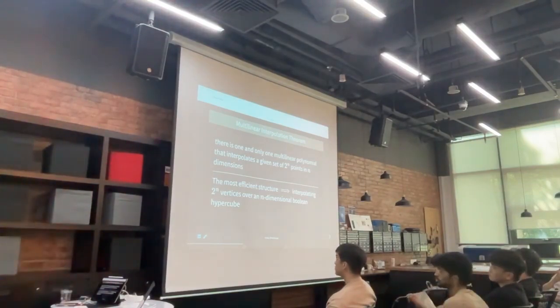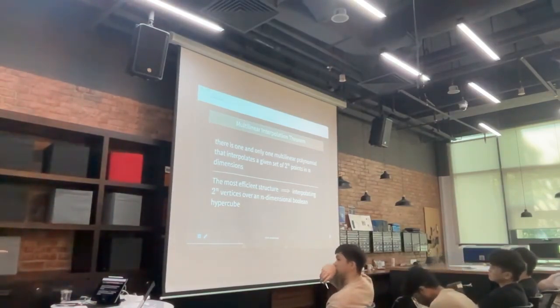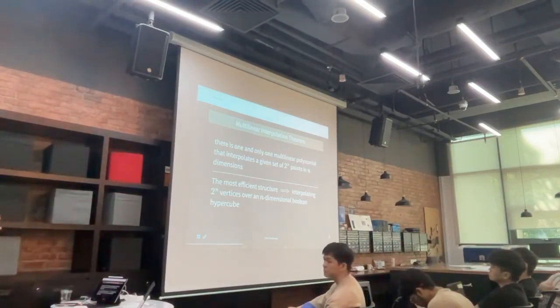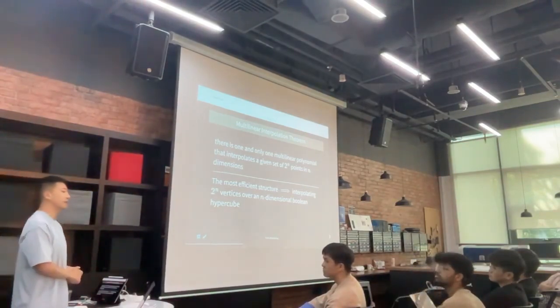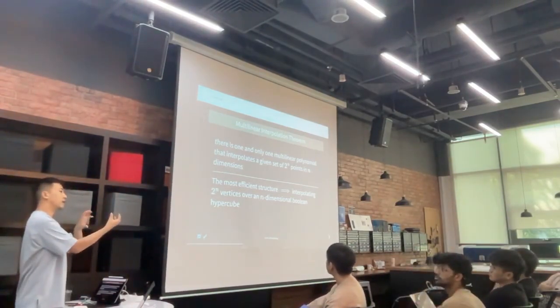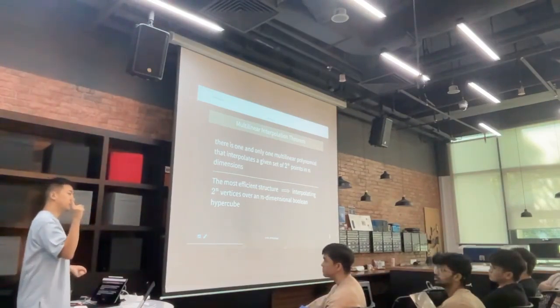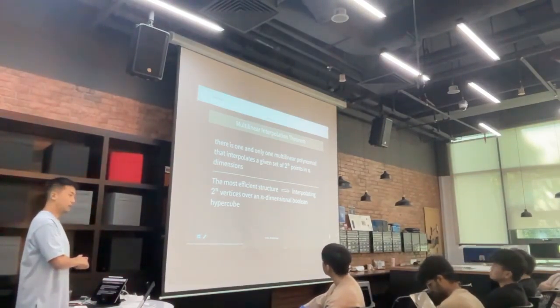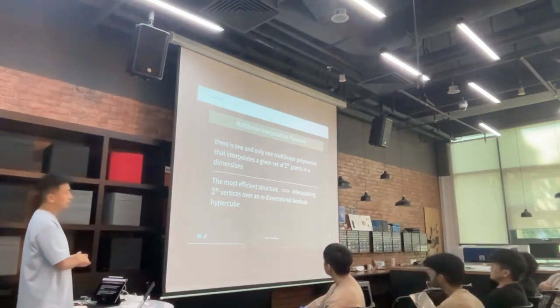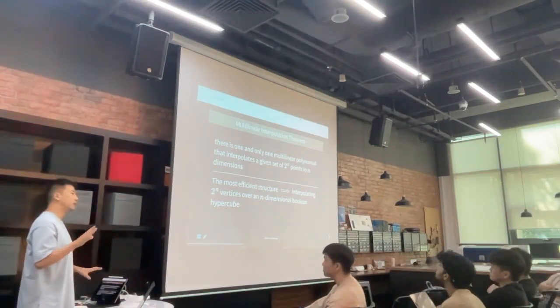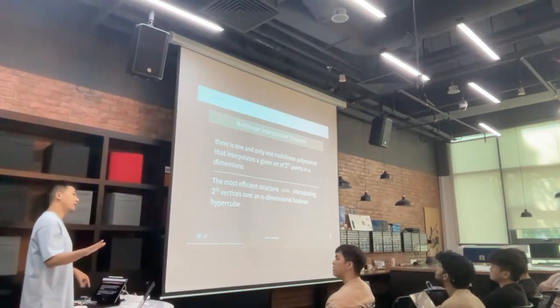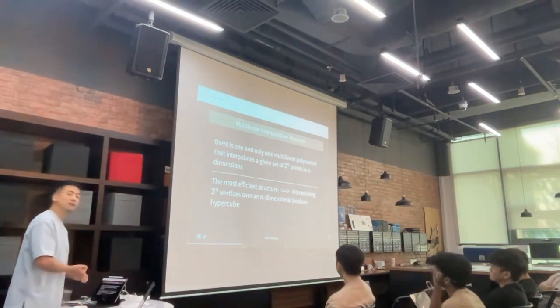If you have a Boolean hypercube, and you assign values, then there exists only one unique multilinear polynomial, which means that the degree of each variable is at most 1. Then you're going to have one unique multilinear polynomial.